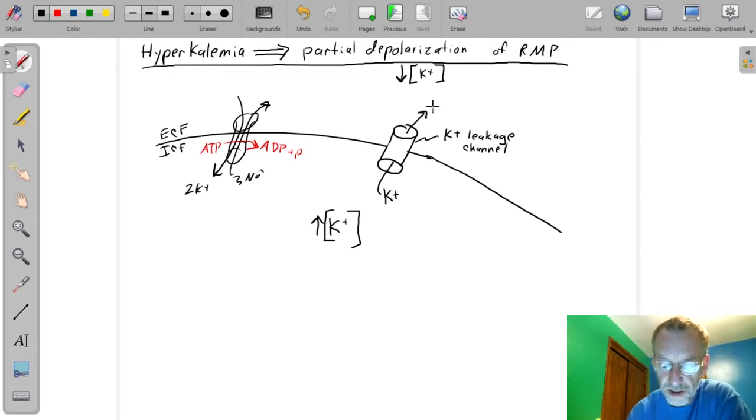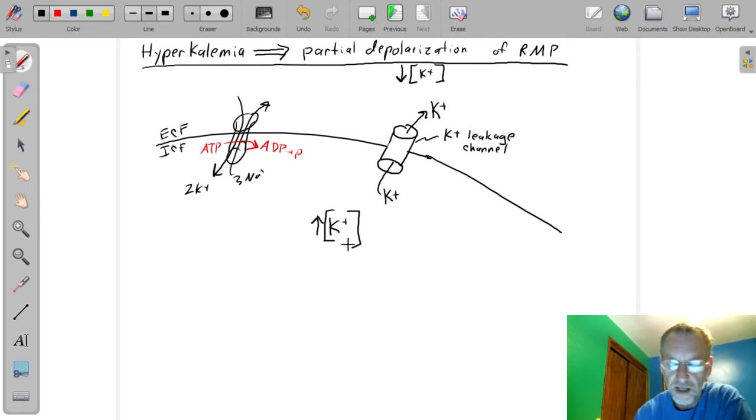Now, sometimes students get kind of confused. When we're talking about hyperkalemia, we're talking about a tiny amount. The difference between the inside of the cell and the outside of the cell never changes. There's always much more potassium inside the cell than outside.